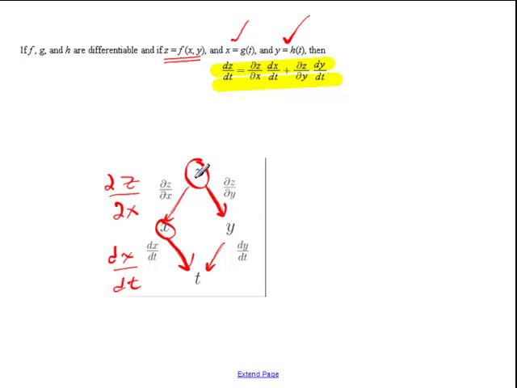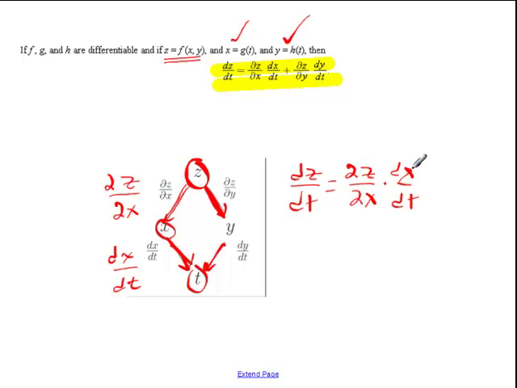So then, in order to think about how z changes because of time, we just multiply down this pyramid. Or not that pyramid, whatever this shape is. So we get that dz/dt equals how z is changing with x times how x changes with time.